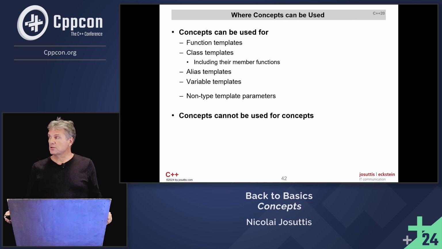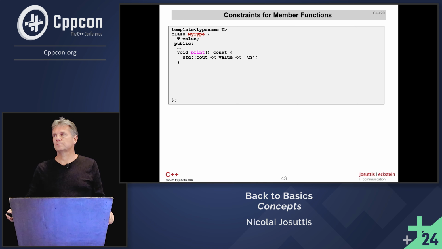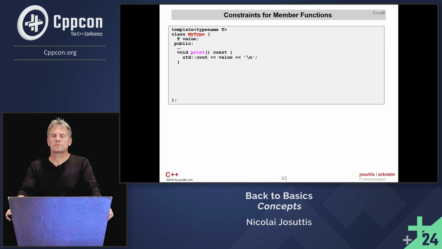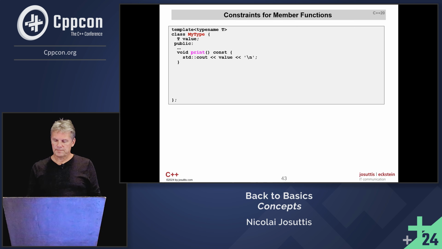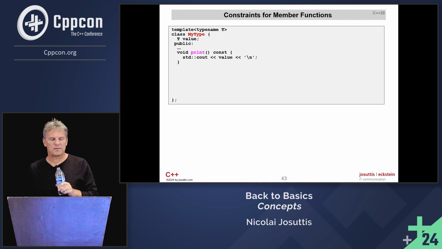Good. I want to show two things here in the last 10 minutes. One is constraints for member functions. If we have a class, you see the class here, my type. This is a generic class.